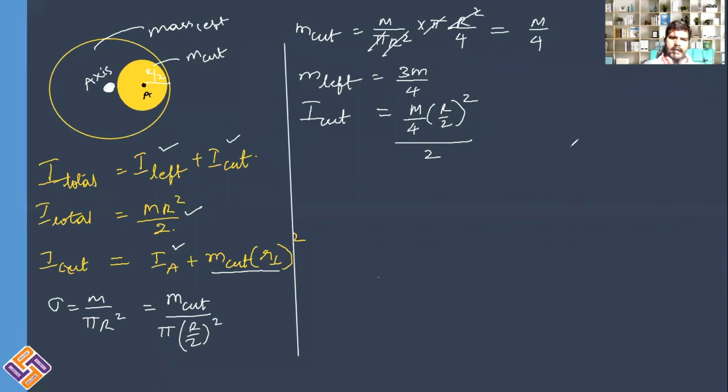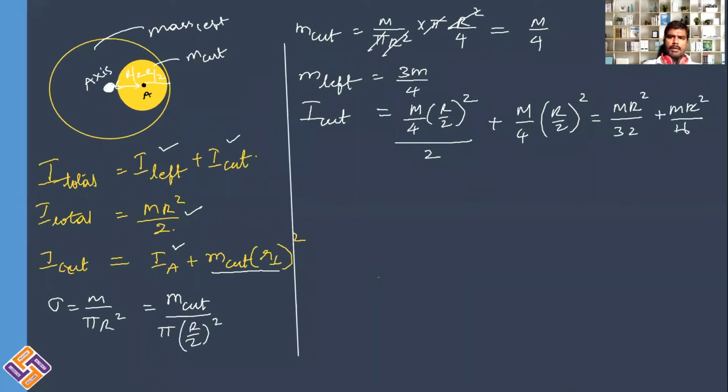That is about A, plus mass of cut portion M divided by 4 and r perpendicular between these two axes is r by 2, that is r by 2 whole square. This can be written as M r square divided by 32, since 2 square is 4, 4 4s are 16, 16 2s are 32, plus M r square divided by 16, since 4 4s are 16.